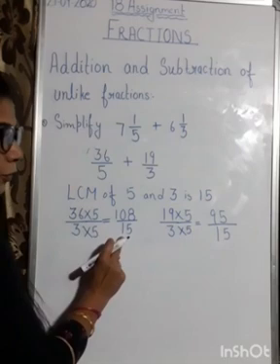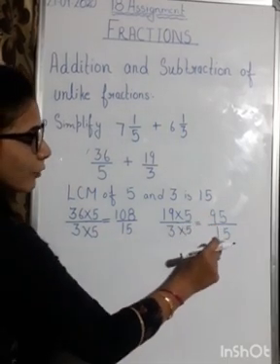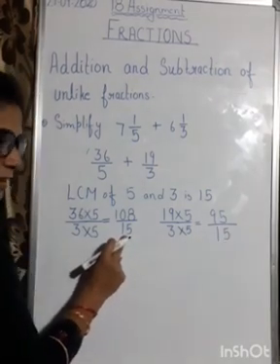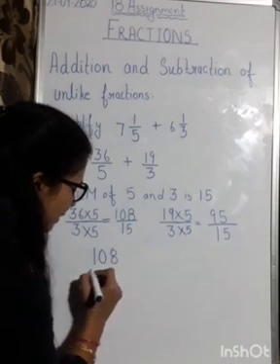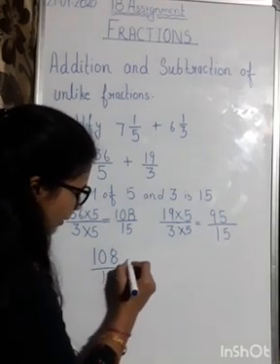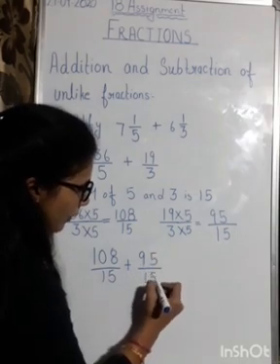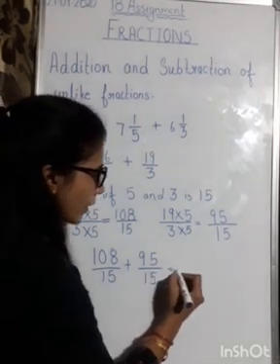So now I am getting two fractions, that is 108 upon 15 and 95 upon 15, in which the denominators are same. It means they are like fractions. So you will write 108 upon 15 plus 95 upon 15. Now you know how to solve like fractions.